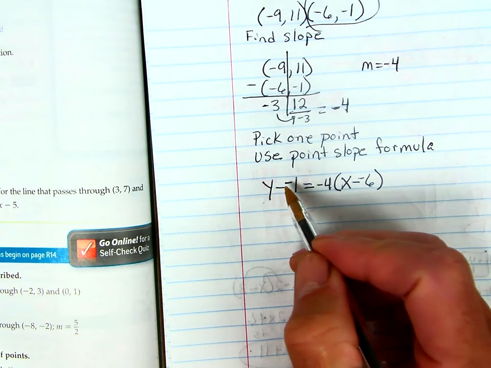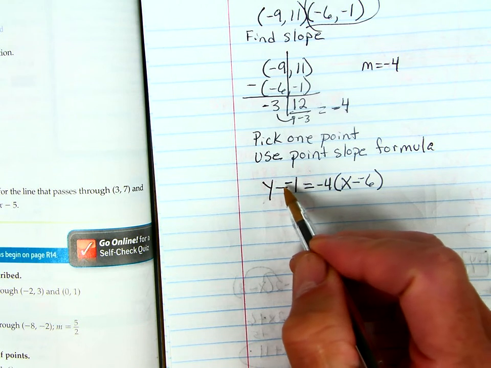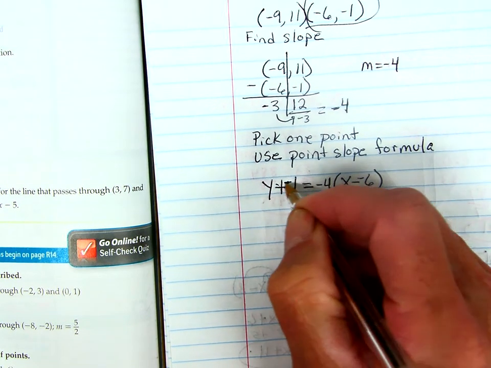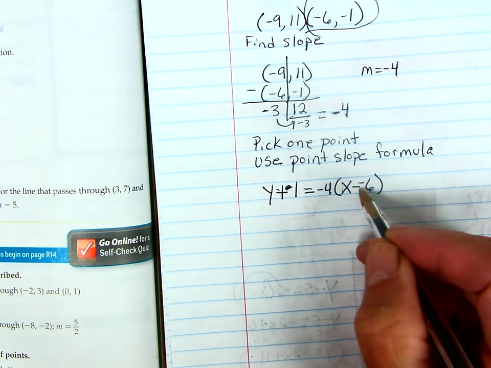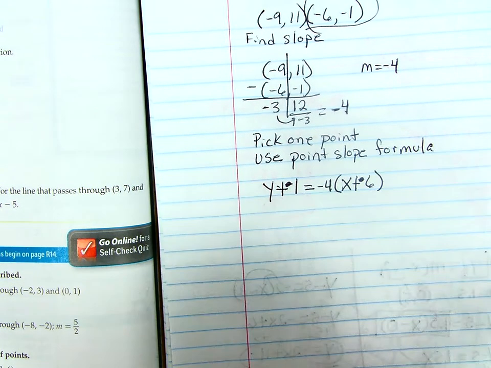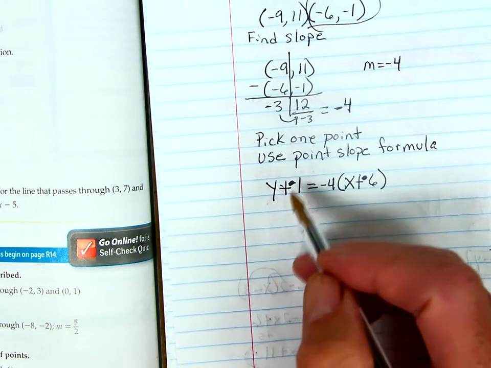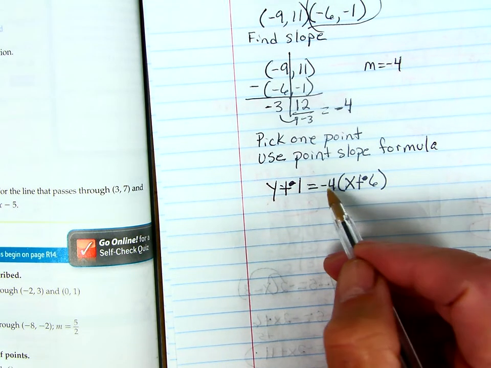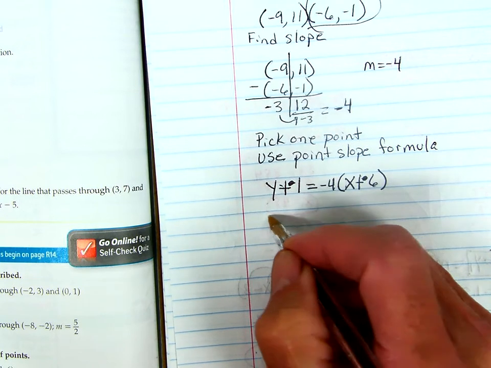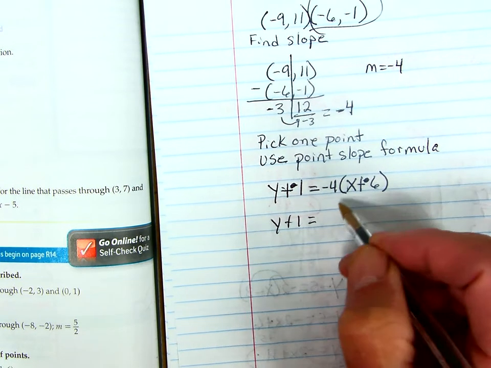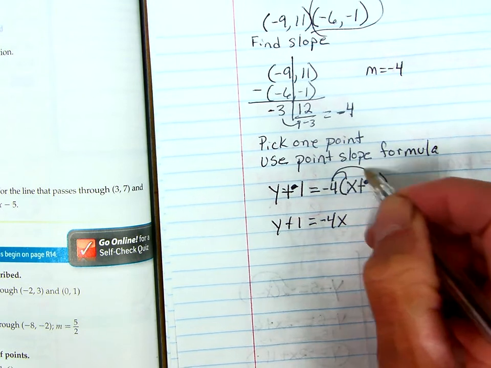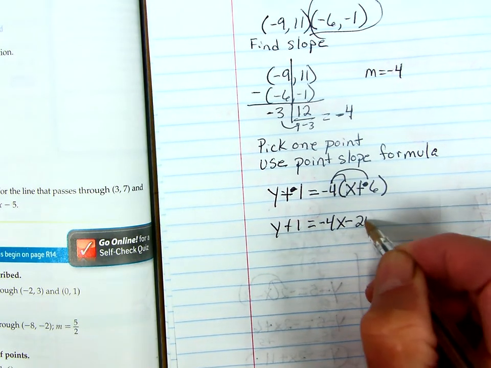Over here on the left, I've got 2 negative signs together. That makes it a plus. I've got the same thing here. 2 negative signs together. That makes it a plus. So y plus 1 equals -4 times x plus 6. y plus 1 equals -4x minus 24.